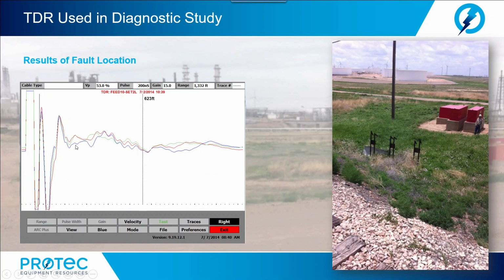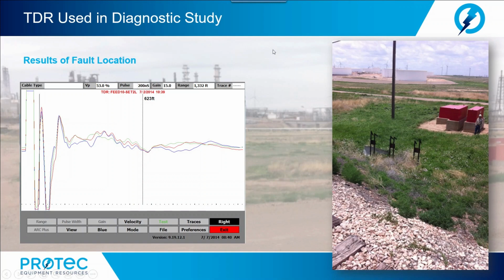We do see a lot of lowering of impedance, a lot of negative reflections, although we do see some areas of longitudinal increased impedance or resistance, possibly due to corroding of neutrals and water ingress or water saturation getting into the cable. So based on the rather complicated waveform, we confirm that the large tan delta numbers or increase in the dielectric losses were being caused by both corrosion as well as water ingress.